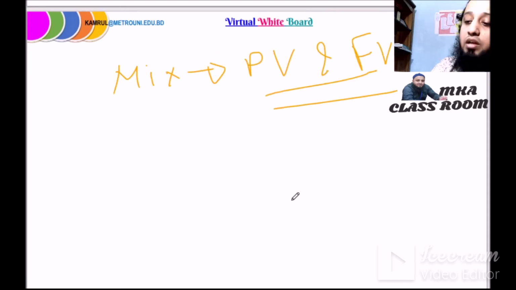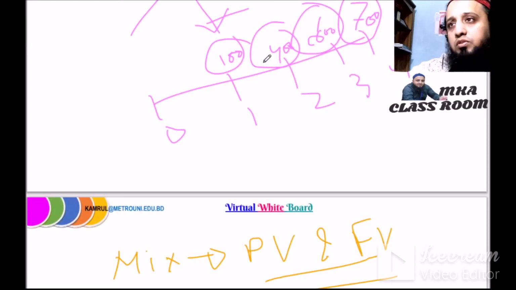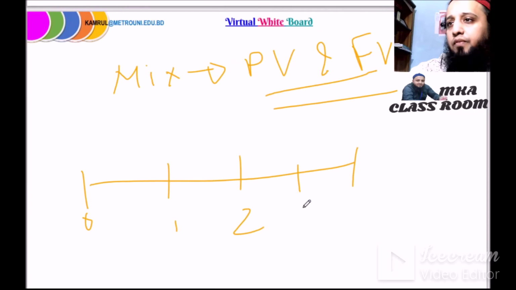Since each year's amount is different, you can use the single amounts formula to calculate this value, so you have to consider the value of n. In the previous example, we are using years 1, 2, 3 and 4, with 100, 400, 600 and 700. This is the example of a mixed stream.